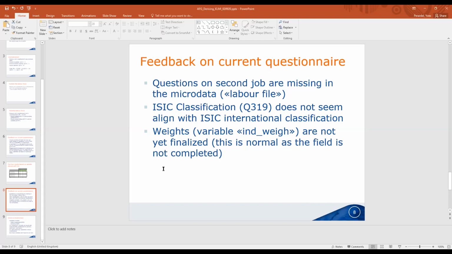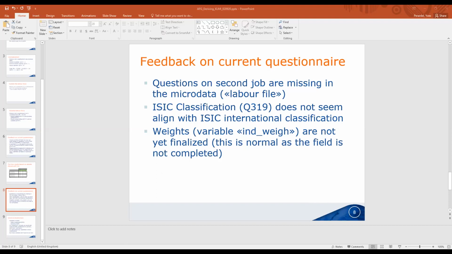We had a bit of a misunderstanding of the variable Q319, which is based on the ISIC classification. Let me try to show you the problem. When we were tabulating 319, it seems that your classification starts with 111.